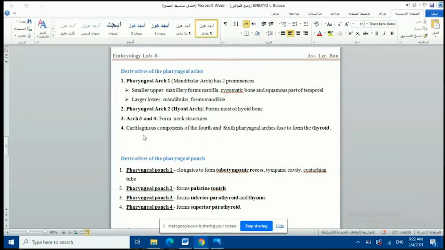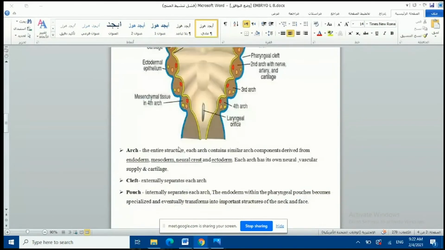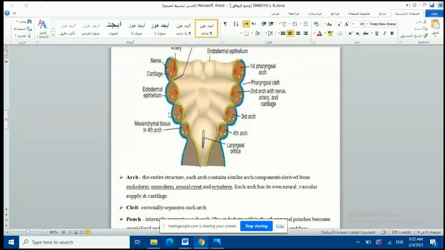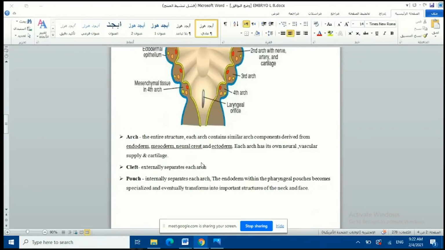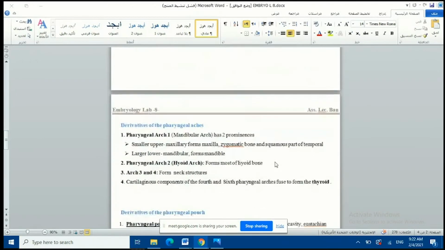So the cartilaginous component of the fourth and sixth pharyngeal arch, look, this is the fourth one: 1, 2, 3, 4. This is the fourth one. We said that the fifth and sixth are fused, and usually not mentioned, but the sixth one, generally, right here, can form the thyroid. Okay, the thyroid.